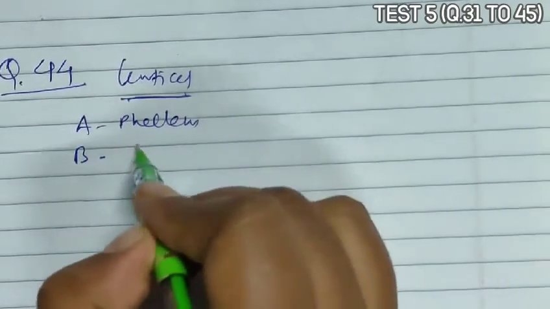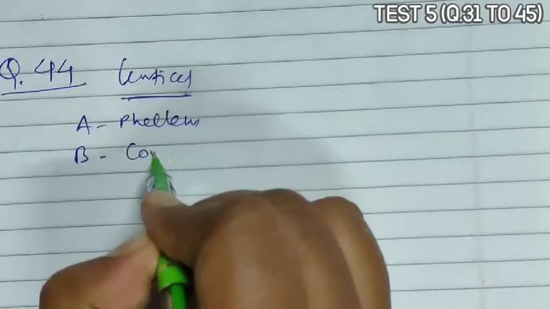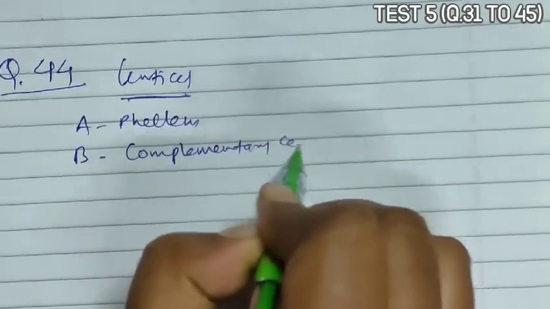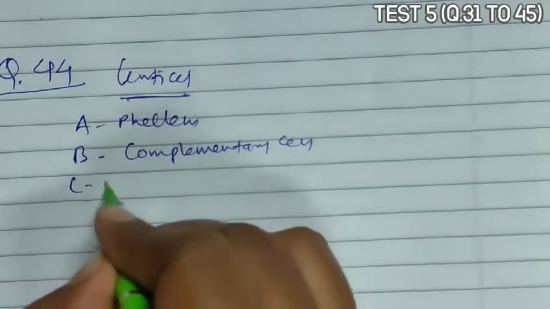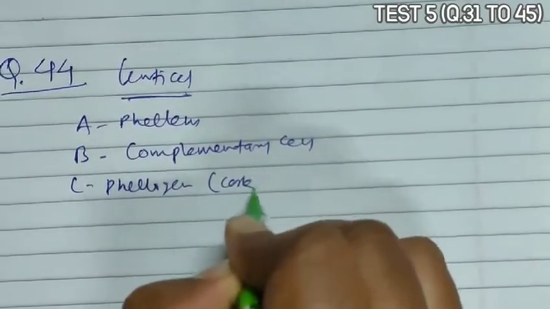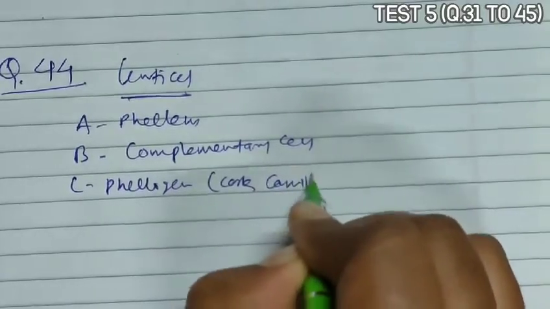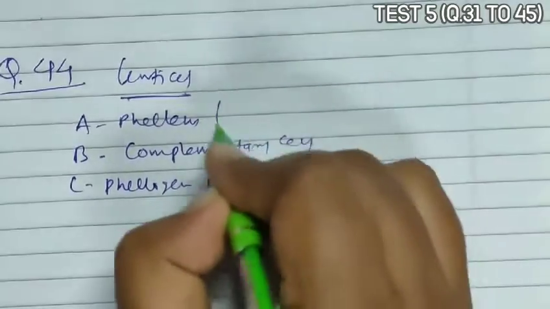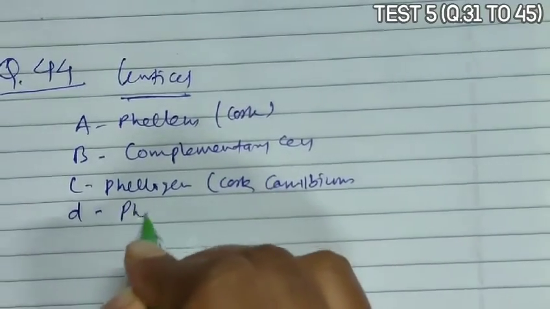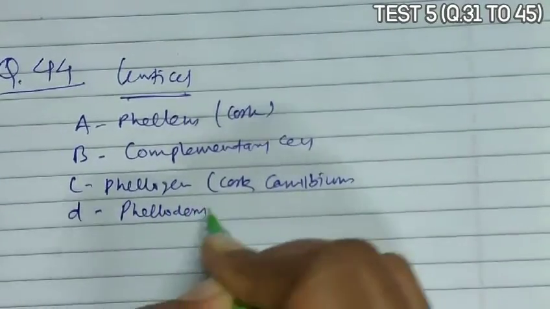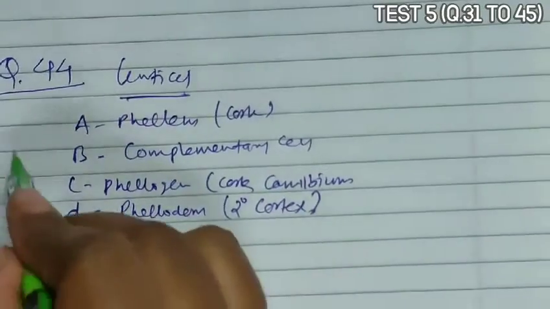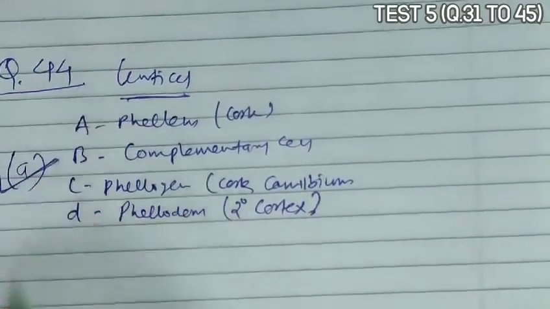B is complementary cells, which are loosely arranged. C is phellogen, which is the cork cambium. D is phelloderm, which is the secondary cortex. So option A becomes the correct answer.